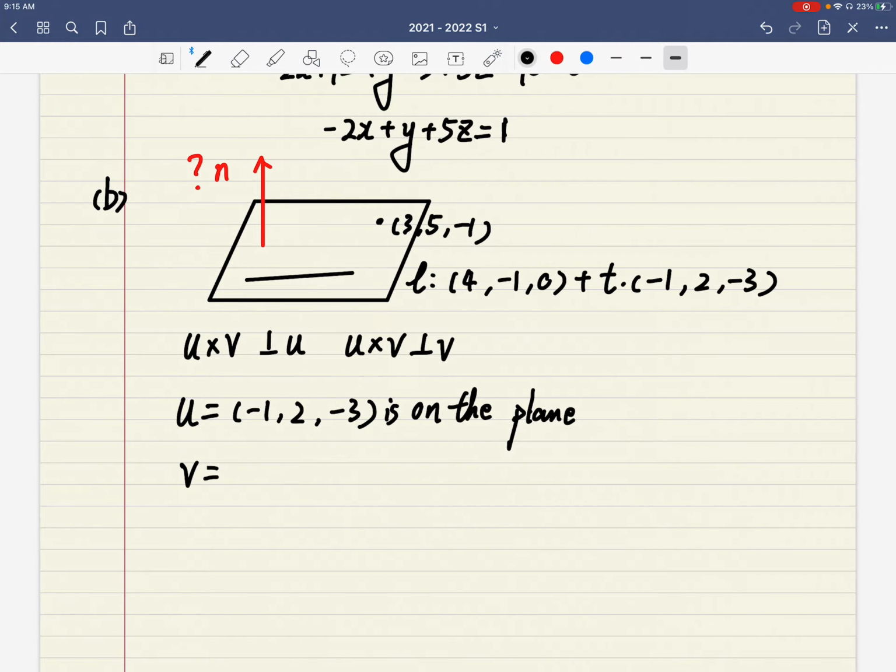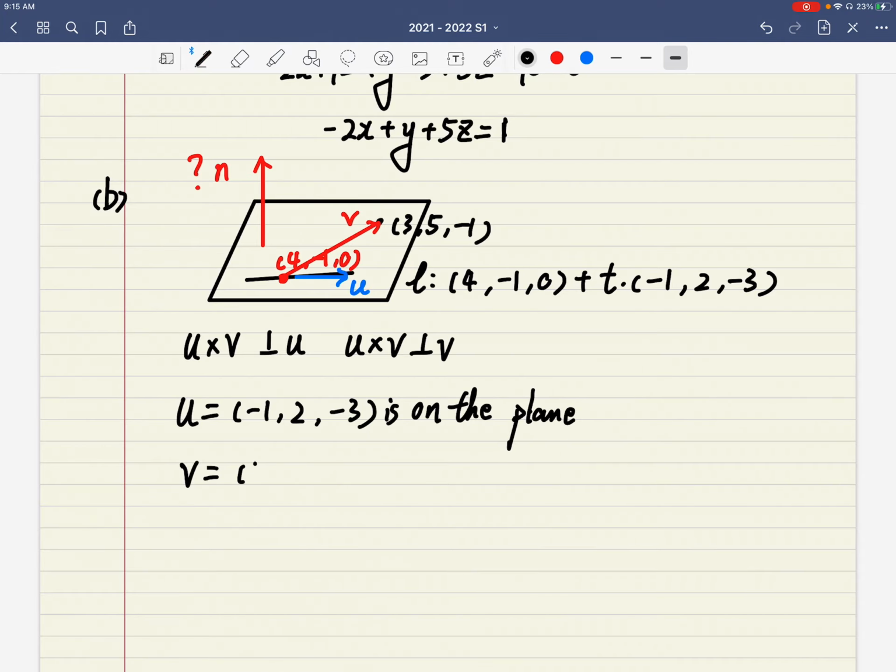Don't forget, we also know there's a point on the plane. What about another point on the plane? We can just let t be 0. Then 4, -1, 0 is also a point on the plane. So just now we got u, and now I get v.